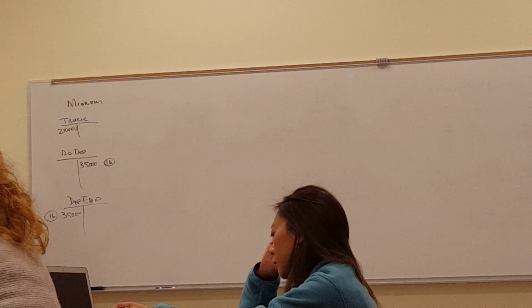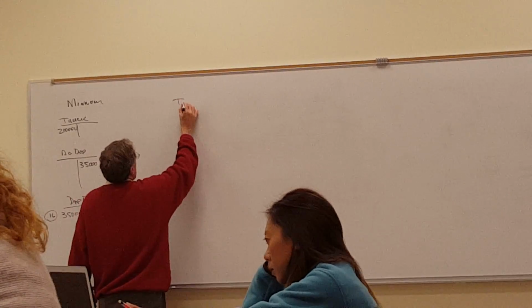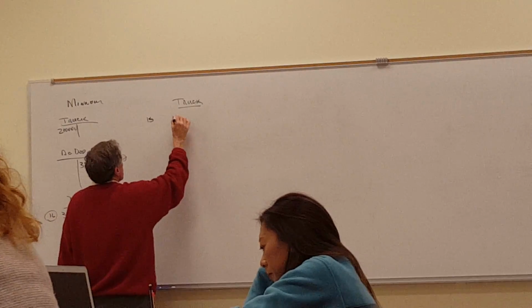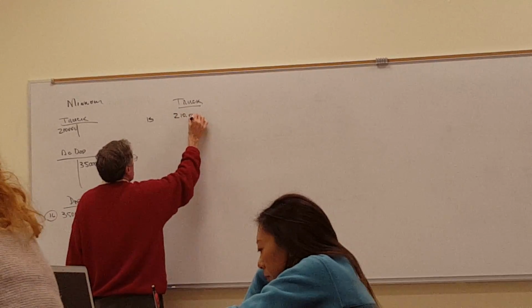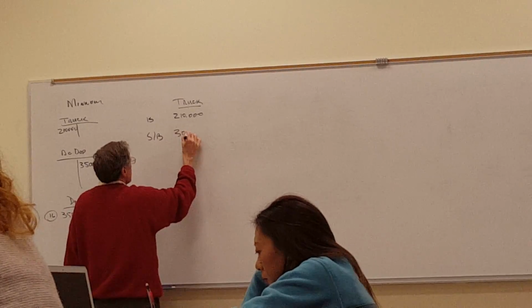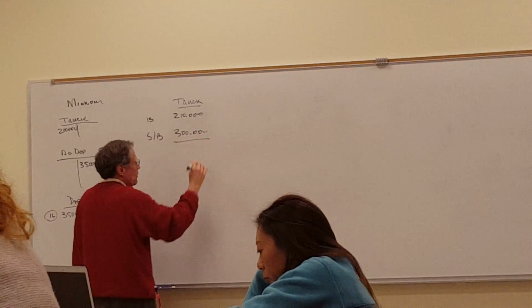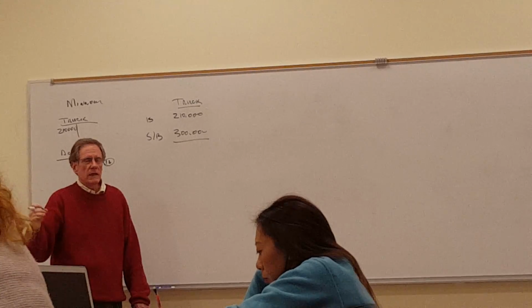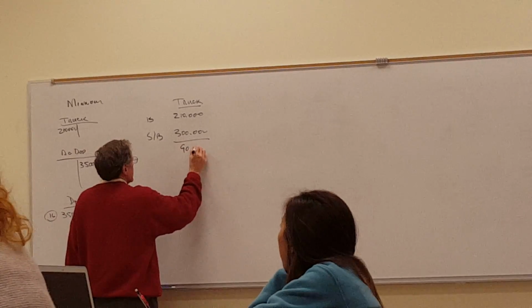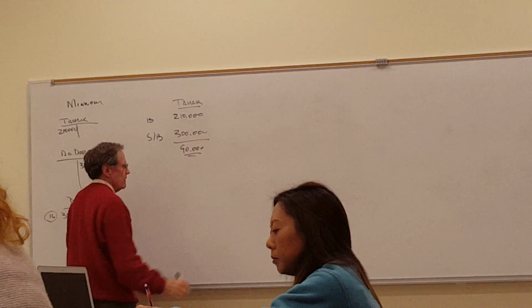Now let's talk about what things should be. We have the truck. It is on the books for 210,000. It should be on the books for 300,000. This is an entry we're going to have to make until the day we get rid of the truck. So we need to debit the truck for 90,000.